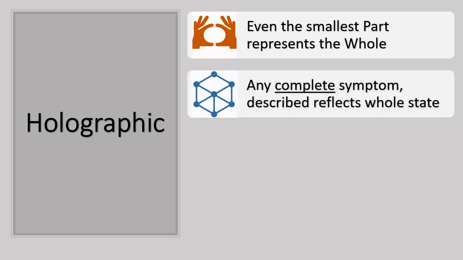Any complete symptom describes the whole state of the person. We will come to the concept of complete symptom later. But a complete symptom means it describes the way a person feels through different perspectives, not just the locality, but also the modality, time of the day, posture of the person, what irritates or what makes it feel better.